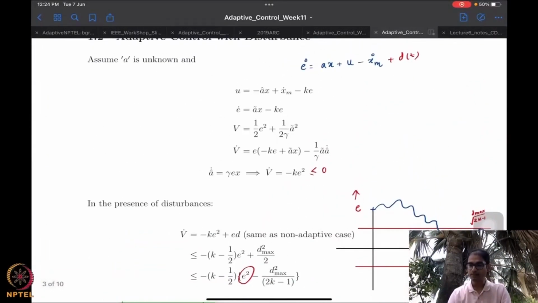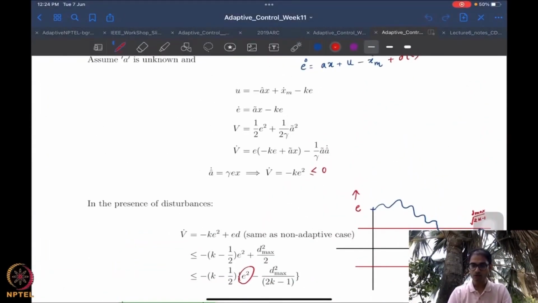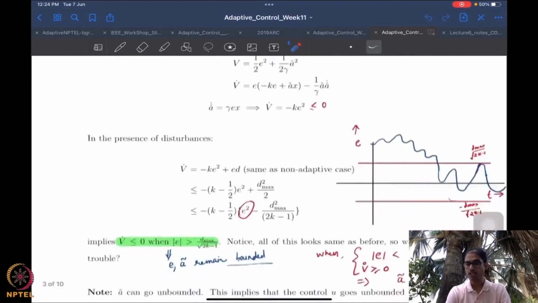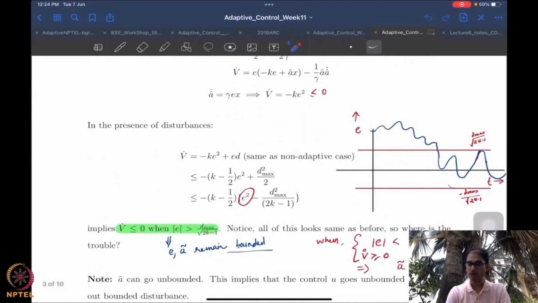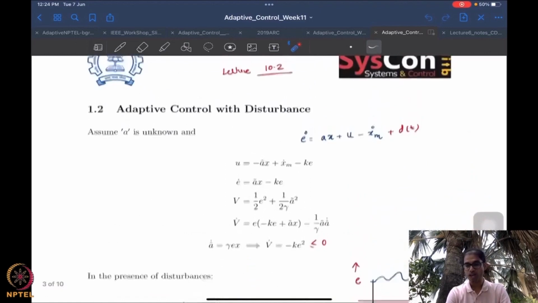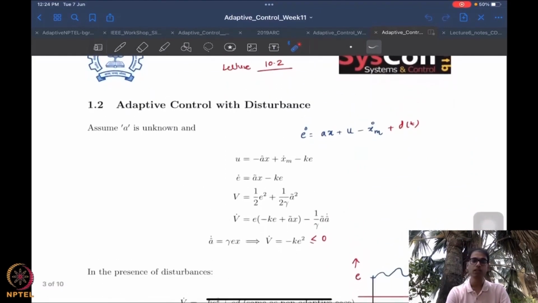And since this enters the control law in a very prominent way, this also means that in order to maintain this kind of bound on E, we will be forced to have an unbounded control law, which is of course something that is not acceptable in general.